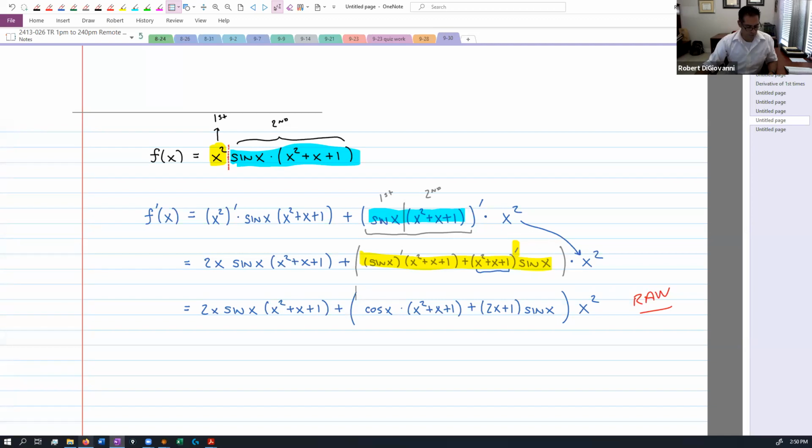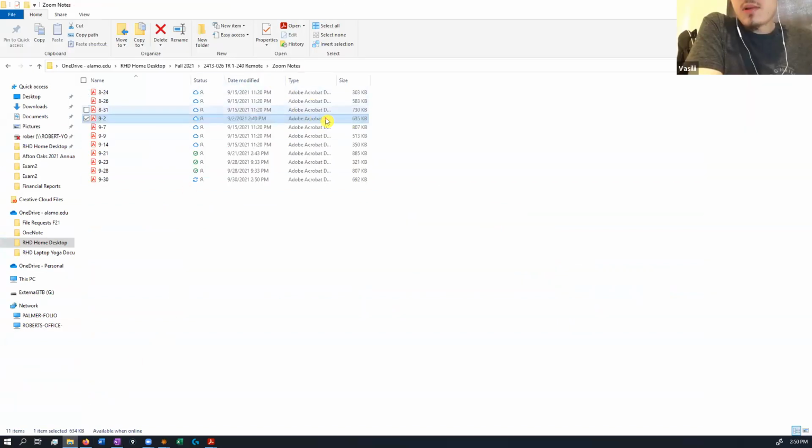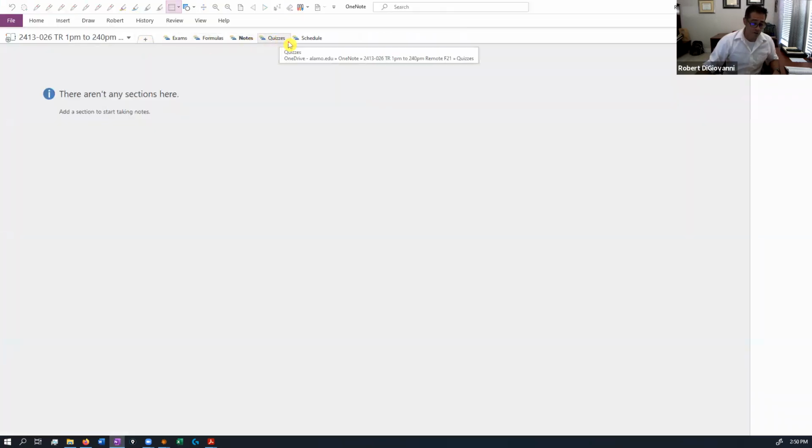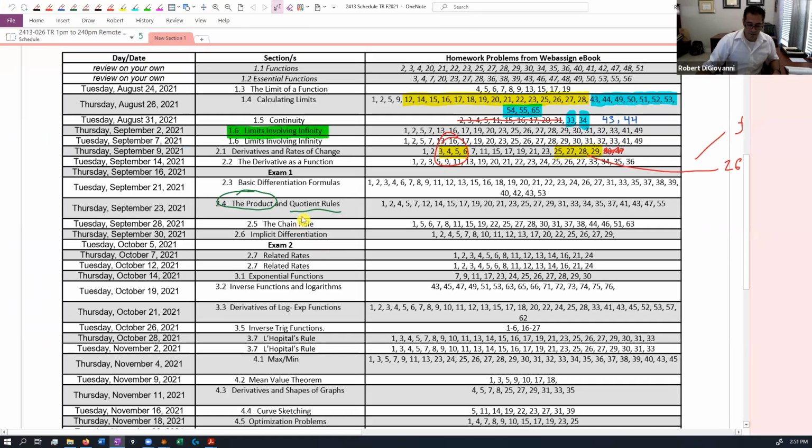I have a question. What's our homework? Oh yeah, homework. I would say if you're going to do anything out of 2.4, we have not done the quotient rule. So I would say do 3 through 10.